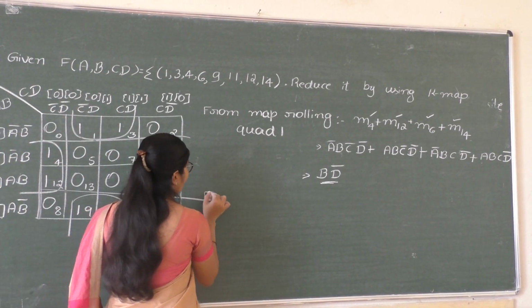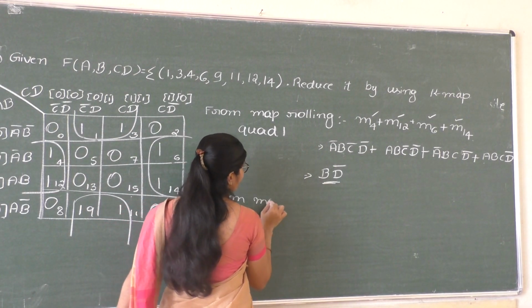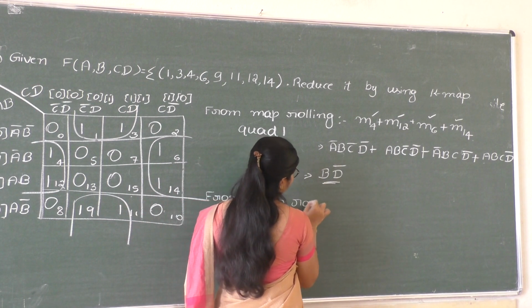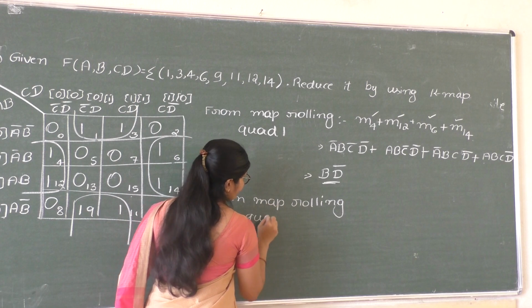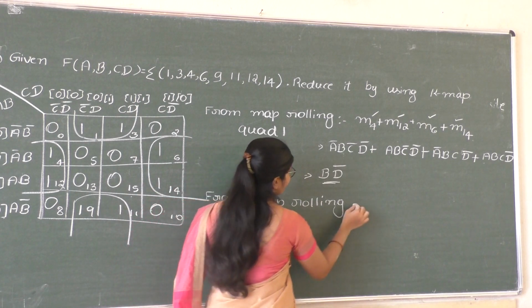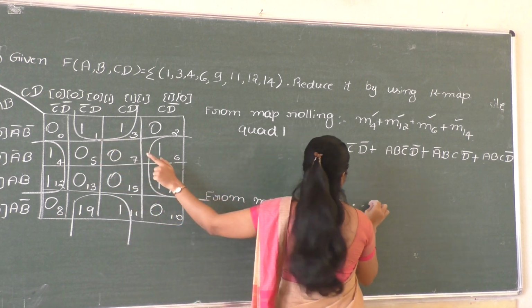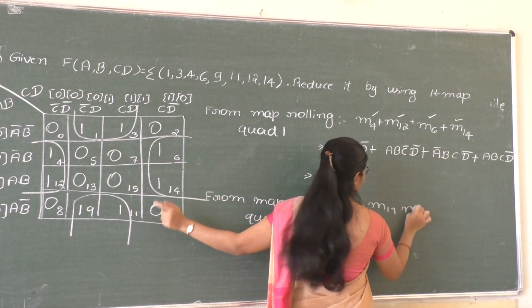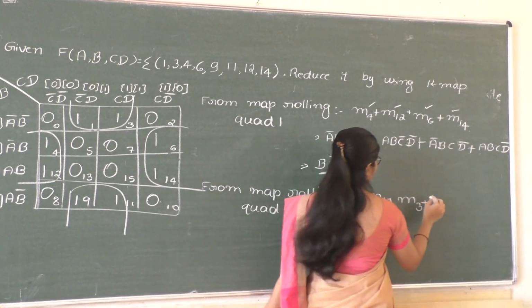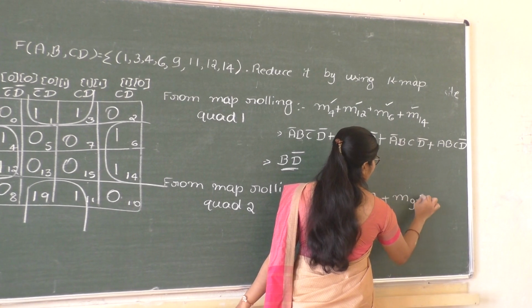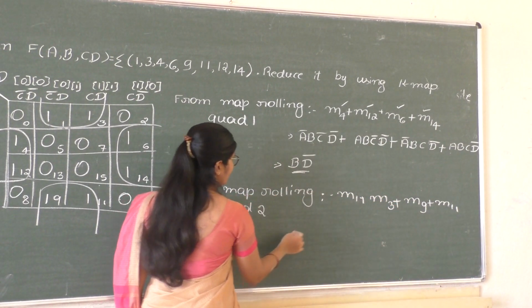Next, from map rolling quad 2, that is by using the squares m1 plus m3 plus m9 plus m11.